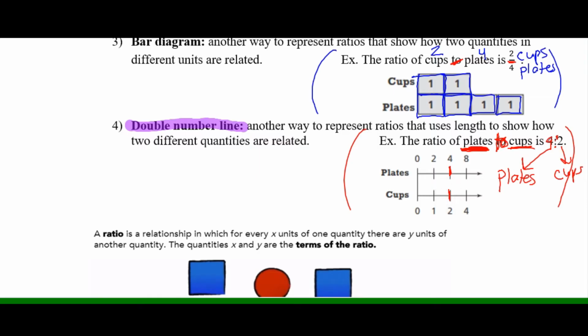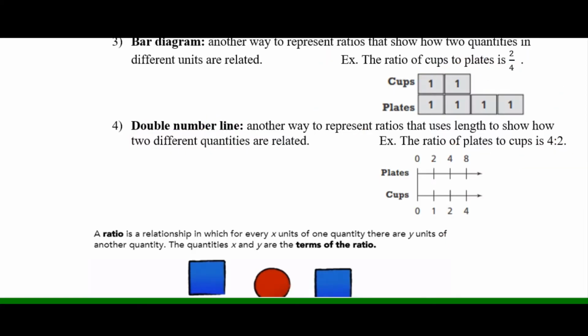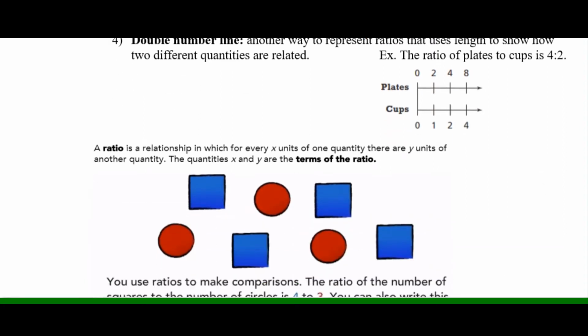So if we were to divide both the numerator and denominator by 2, or both numbers by 2, we'll get an equivalent ratio, which is 2 to 1. And then if we were to multiply the simplified ratio by 4, we'll get 8 to 4. So this is the same ratio as this one up here, but the order is different. So they're related, but different, because order is important.